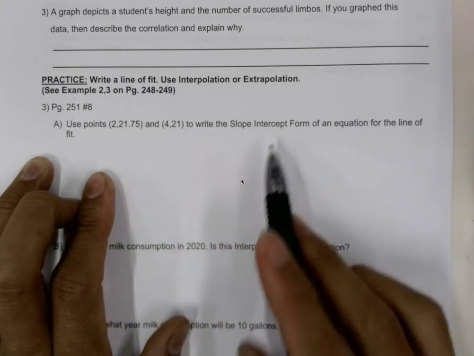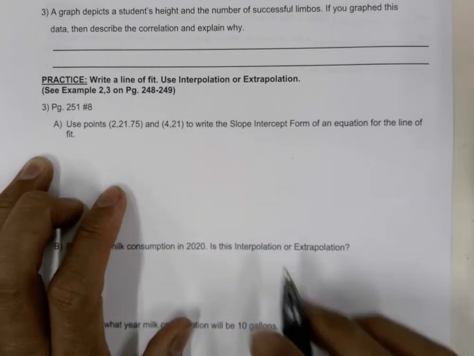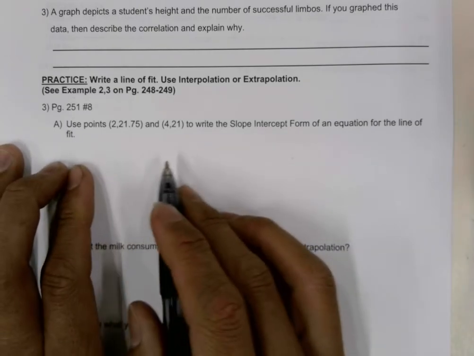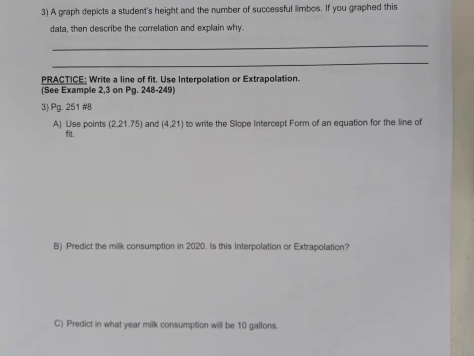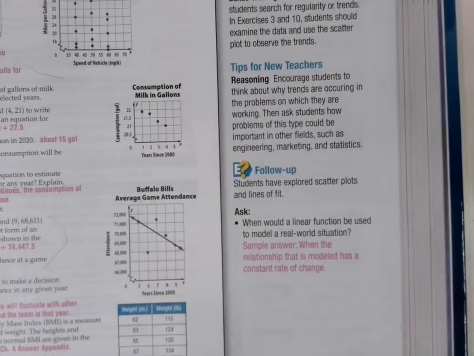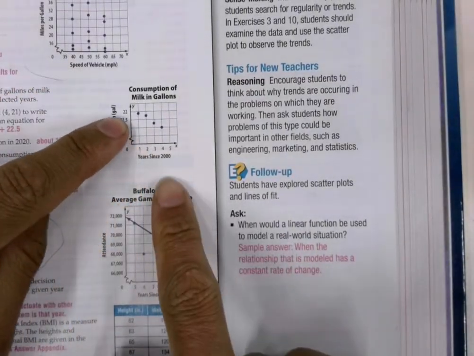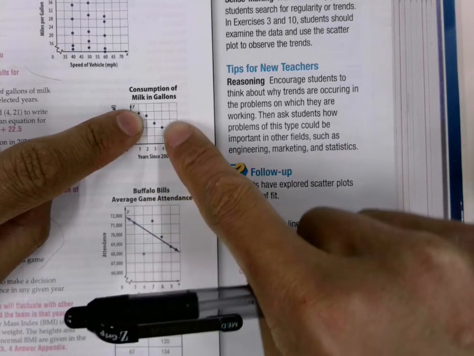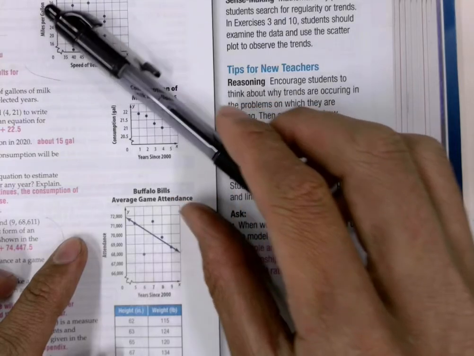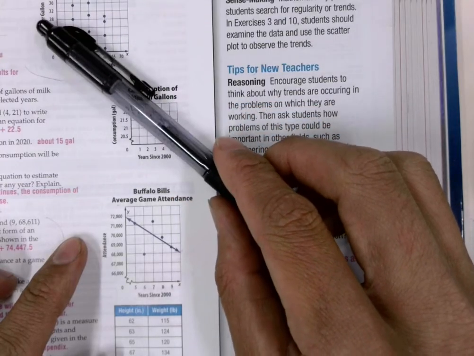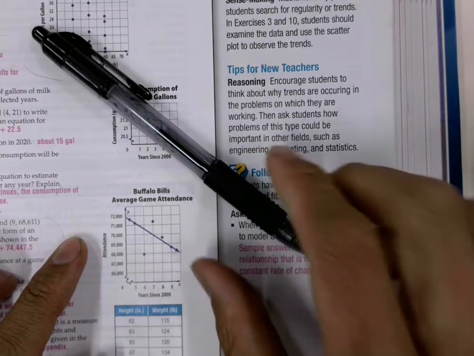So we need to write the slope-intercept form of an equation for the line of fit using these 2 points. And you can see in the chart, if we did use those 2 points, that's this one here and that one there, it would create a line of fit that would approximately go through most of the data points, right?